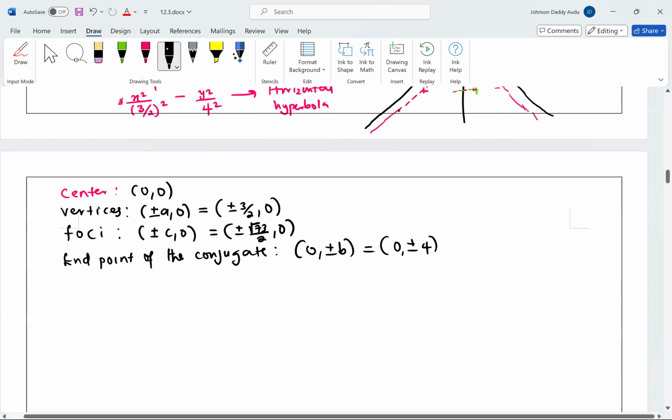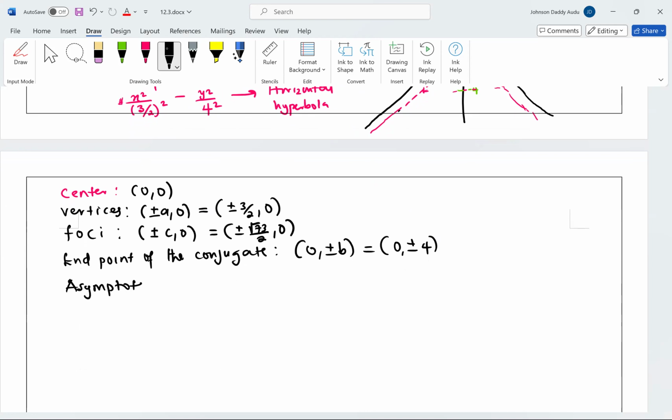Okay. Then we can also talk about the asymptotes. Our asymptote here is going to be plus minus b over a, not a over b, right? So what is b? B is 4 divided by a, which is 3 over 2.